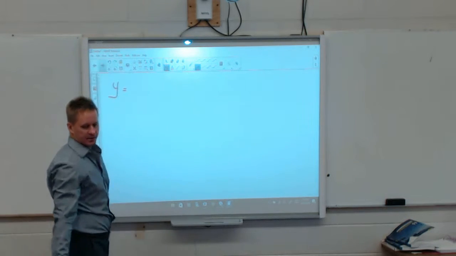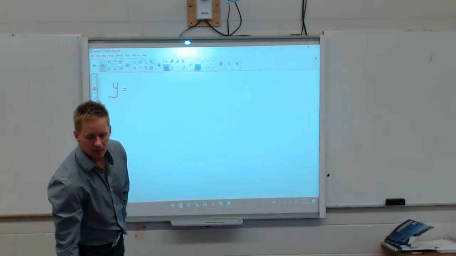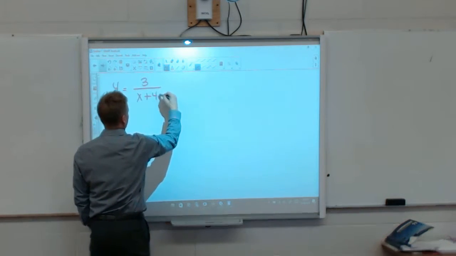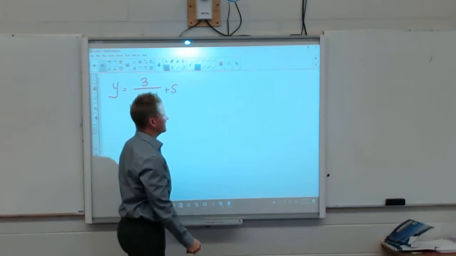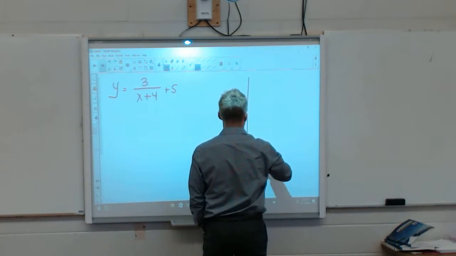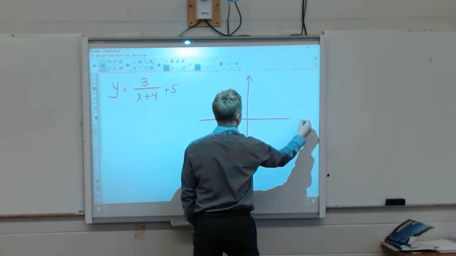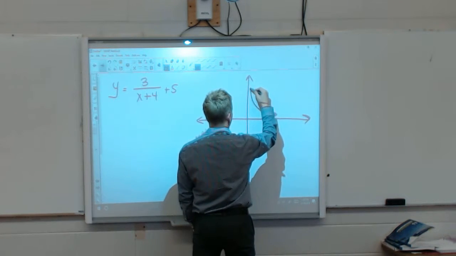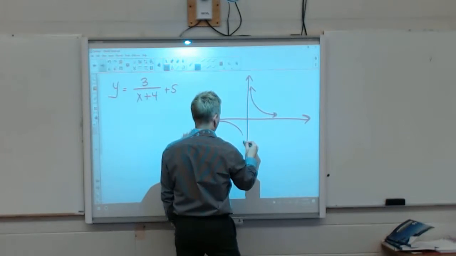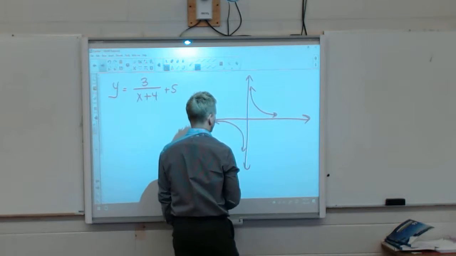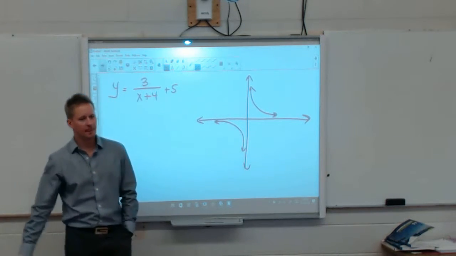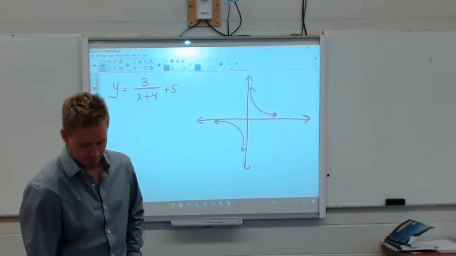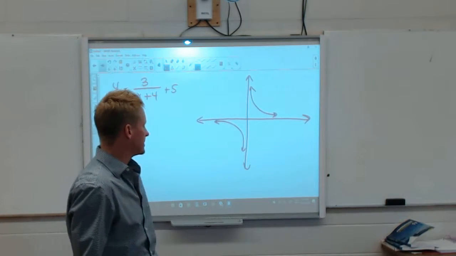We've got y equals... So in words, what are we doing to the 1 over x graph? Multiply all the y values by 3.